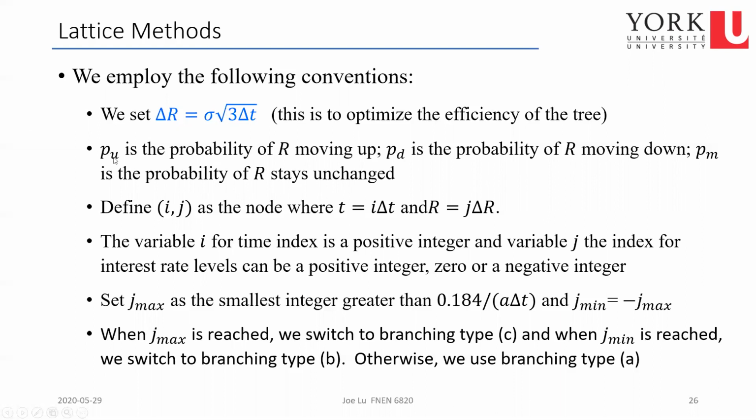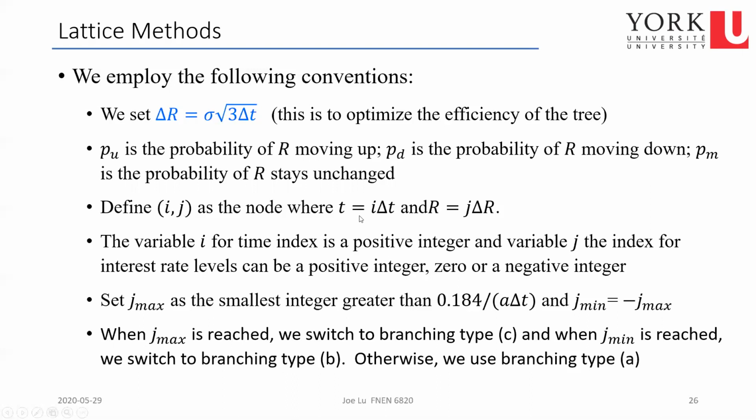Because it's a trinomial tree, we have 3 probabilities. We have a probability of moving up, a probability of moving down, and also a probability of unchanged. Let's build some structure here. We have the pair of numbers i and j.